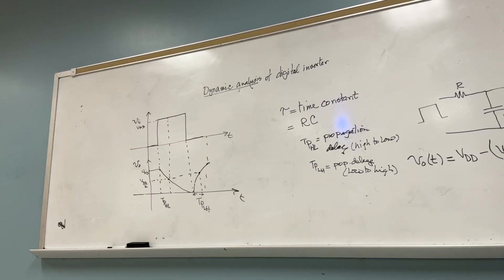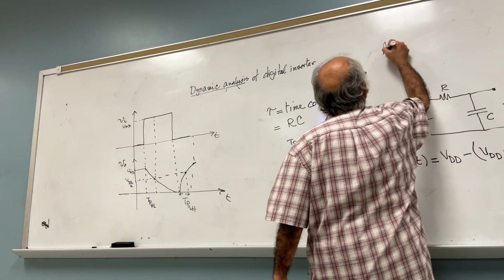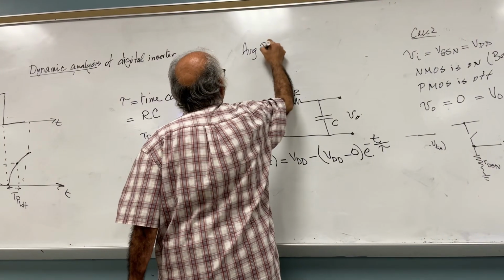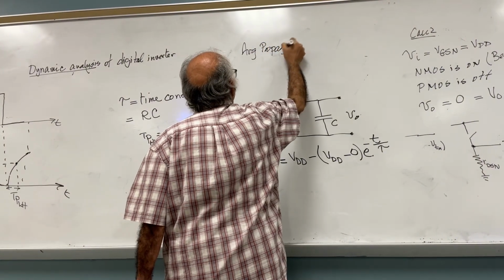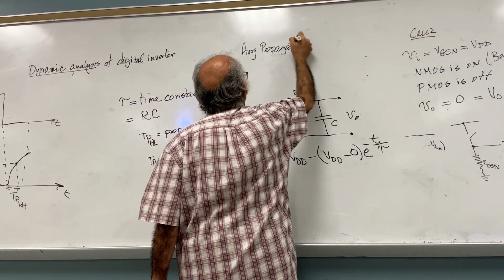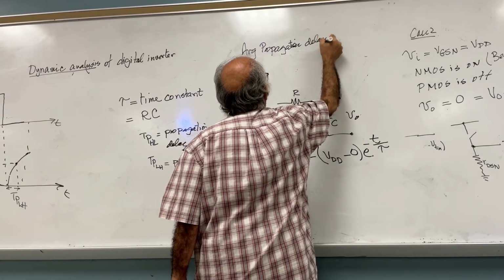So how do we calculate the propagation delay? We take the average. Did you get it or not? We take the average. In other words, the average propagation delay is what?